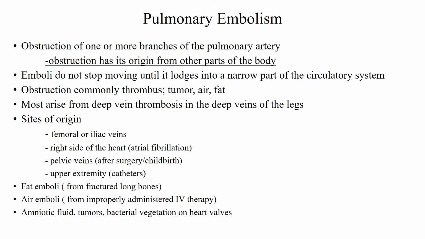Most of these thrombus or clots arise from deep vein thrombosis of the deep veins of the legs. Most common sites are the femoral or iliac veins, the right side of the heart caused by atrial fibrillation, pelvic veins after surgery or childbirth, and the upper extremity after IV catheterization.